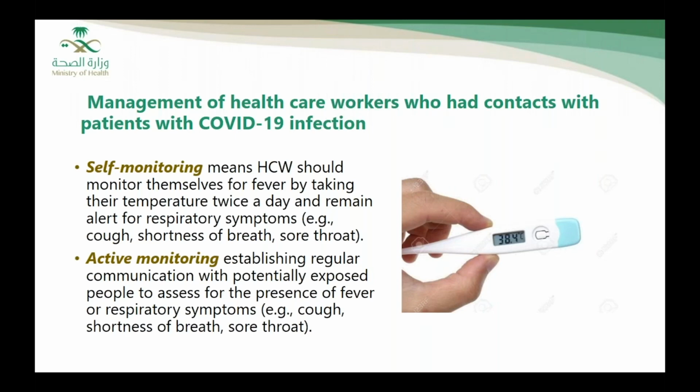Active monitoring: establish regular communication with the potentially exposed people to assess for the presence of fever or respiratory symptoms, again, cough, shortness of breath, or sore throat. So it is very important for us how we can manage these people by self-monitoring and active monitoring.